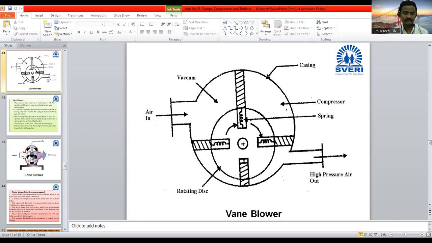Volume of the air between the vanes decreases and pressure increases. Full stop.